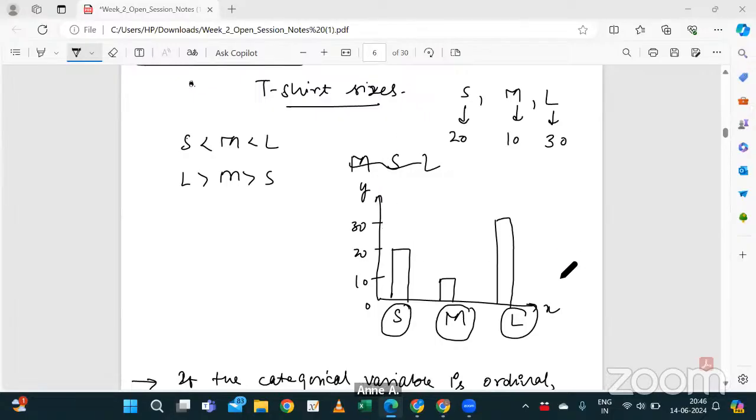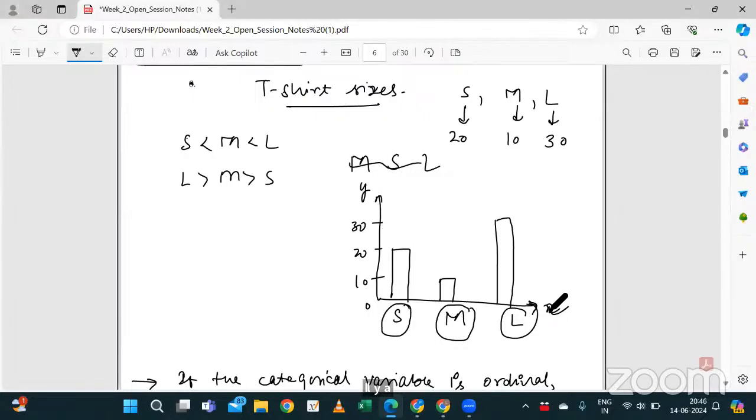Sir, what if we are not making it in order? If you are not making the order, then you are lacking the importance of the ordinal data set. Sir, is it necessary? Like, Pareto chart is also an ordinal data set. No, in Pareto we are sorting the frequency, not the order of the data set.